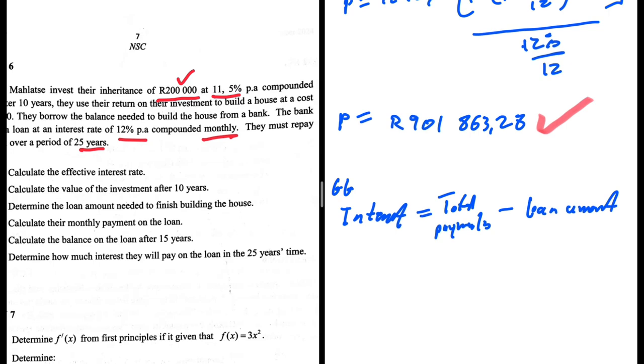So the total payment is 12,000, whatever, that monthly payment multiplied by 25 multiplied by 12, and then minus the loan amount, and you should get your total interest.